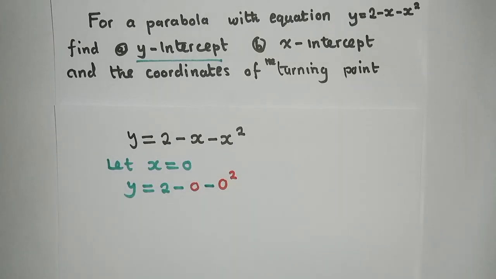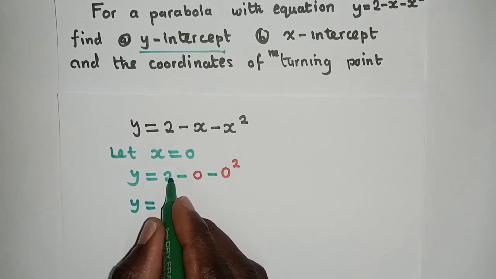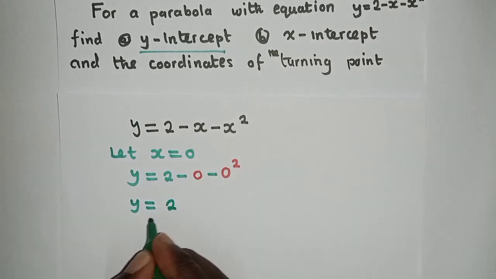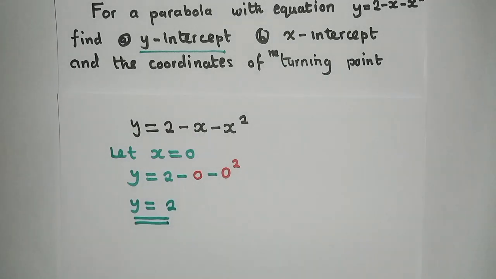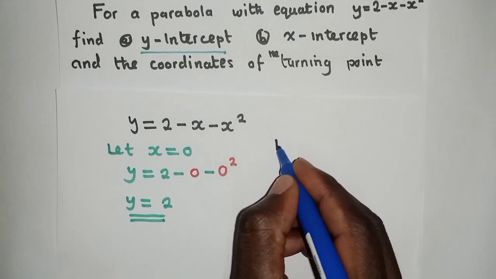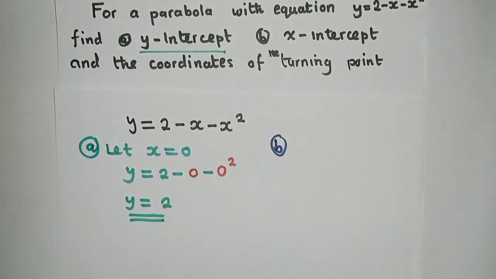Okay, so from this point we can say y is equal to 2 minus 0 minus 0 squared. It will just be a 2. So this is the solution for question A, and we can say our y-intercept is equal to 2. Question B, right here, we find the x-intercept.